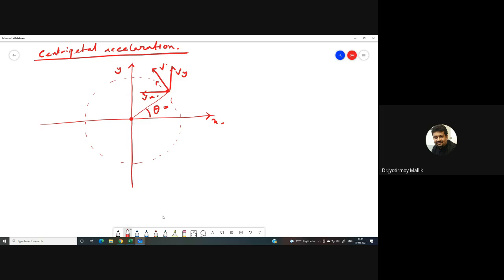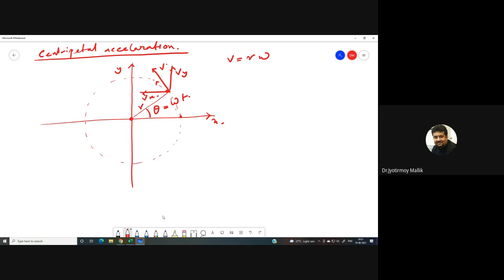So theta is equal to omega t, if the time taken for the particular planet to move from this position to this is t. We also know some very basic equations. You know about them. So v is equal to r omega. You know that, where this is r, of course, right?